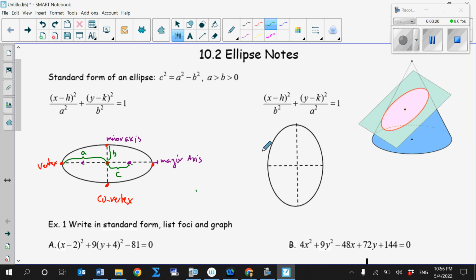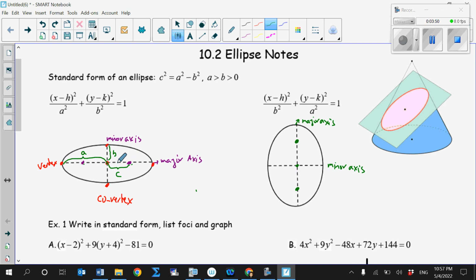We have the same thing here on a vertical ellipse as well. The major axis is the longest one, and the shortest one is minor axis. Again, we have center. Focus points are always on the major axis. So this time the focus points are vertically aligned with the center.